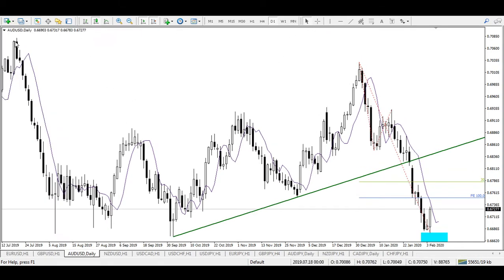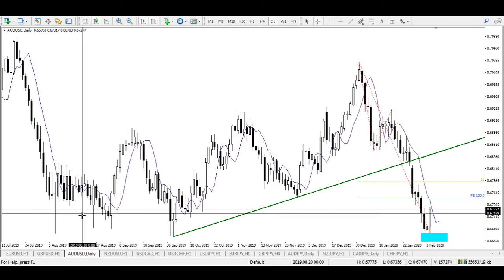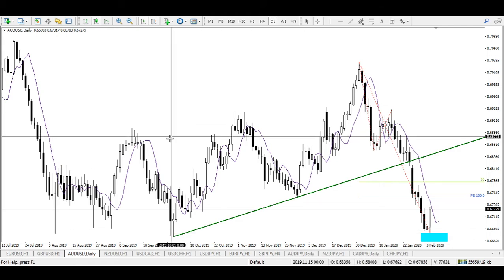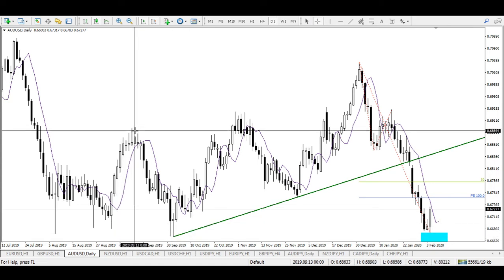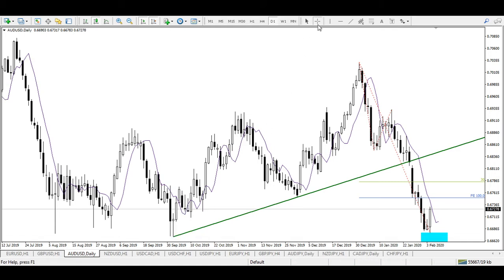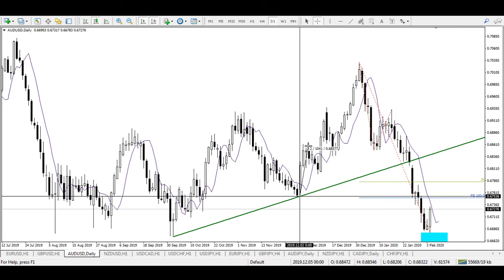This was a very extended downward movement till here, and from here the very first reaction was 144 pips to this point. After again this movement to the downside, the very first reaction from the bottom to this first reaction was 105. Here also the very first reaction was 107.